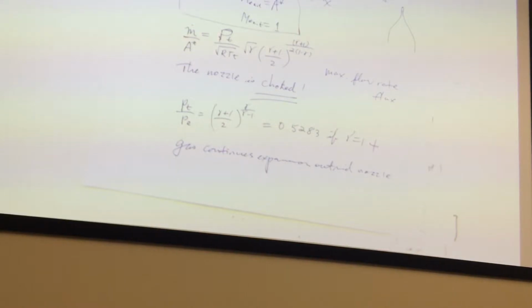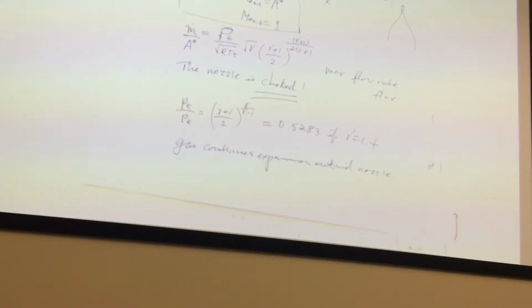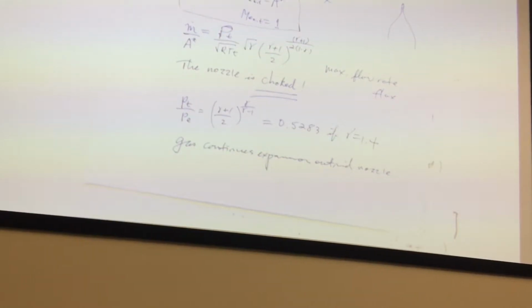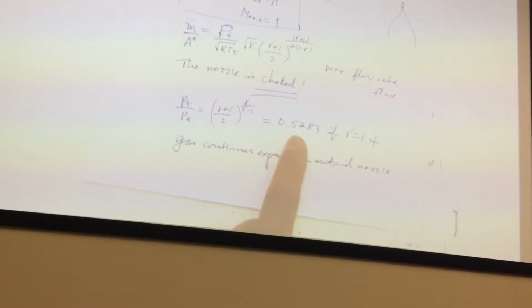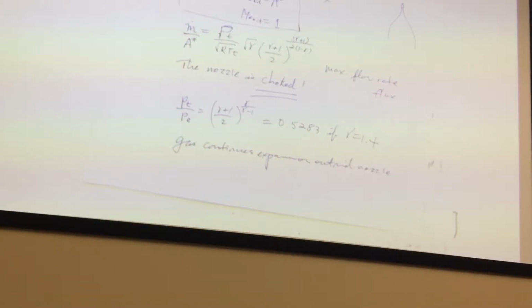So what this means is that if the back pressure is vacuum, you can still have at most Mach equal to 1 at the throat. You cannot have anything faster than that. Last time there was this question: then what happened? Because this is 0.5283, in the limiting case where Mach equal to 1 at the exit, your exit fluid pressure is equal to the back pressure.